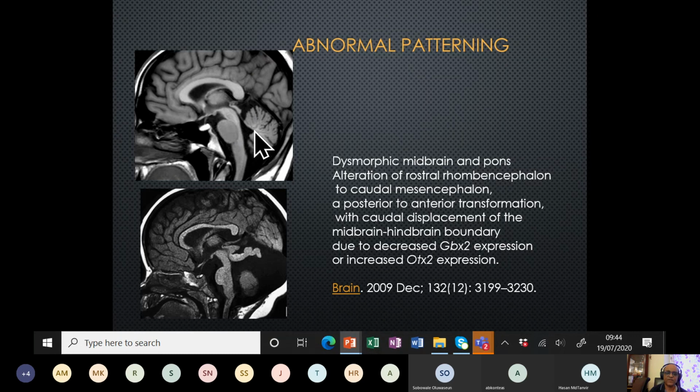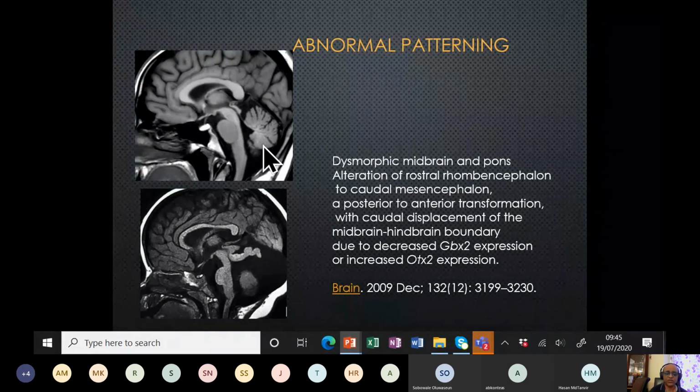You can see the relationship of the fastigium, which is this part of the cerebellum, right in the midline of the dorsal aspect of the pons. And you can see how the medulla oblongata forms just below the level of the fastigium, but well above the level of the obex. And this is the patterning that is determined by these various genes that secrete these morphogenetic proteins.